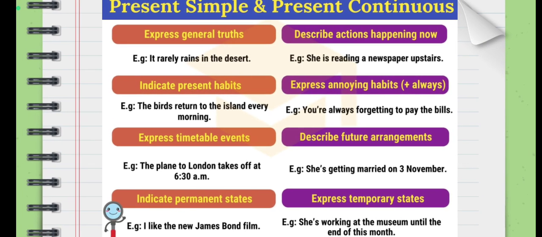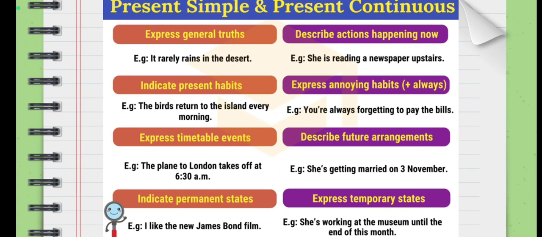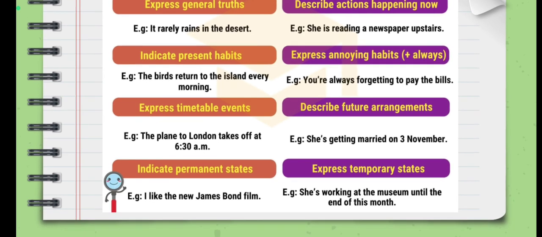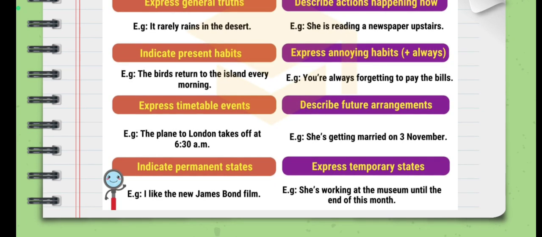Describe action happening now. She's reading a newspaper upstairs. Express annoying habits plus always. You're always forgetting to pay the bills. Describe future arrangements. She's getting married on 3rd November. Express temporary states. She's working at the museum until the end of this month.